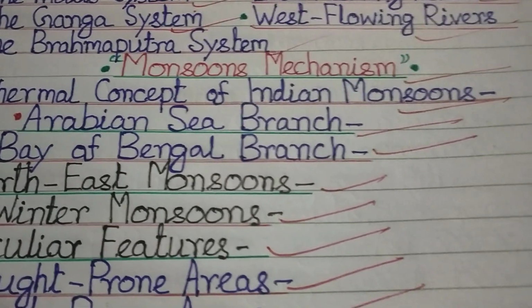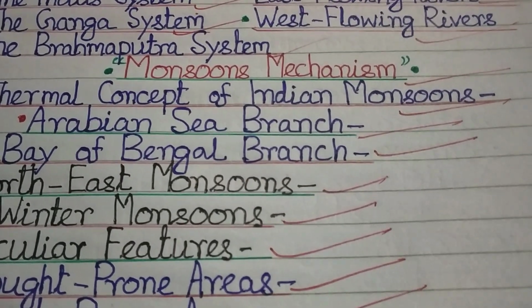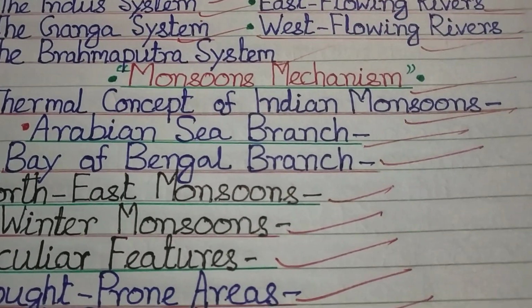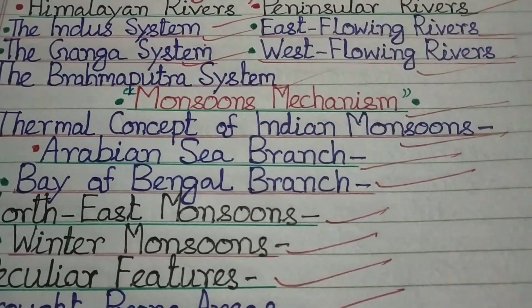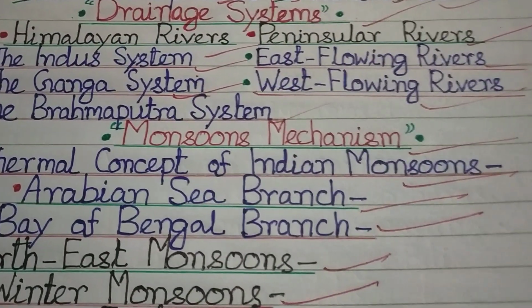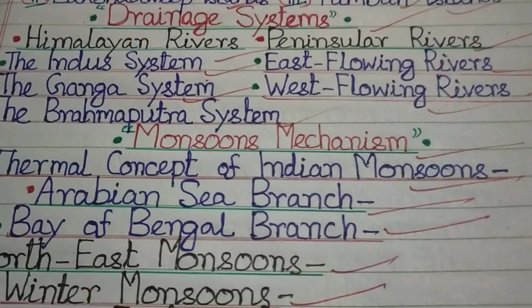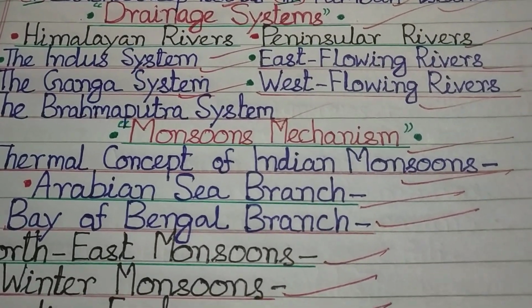This type of drainage, which is not consequent to the topography but exists prior to its origin, is called antecedent drainage.